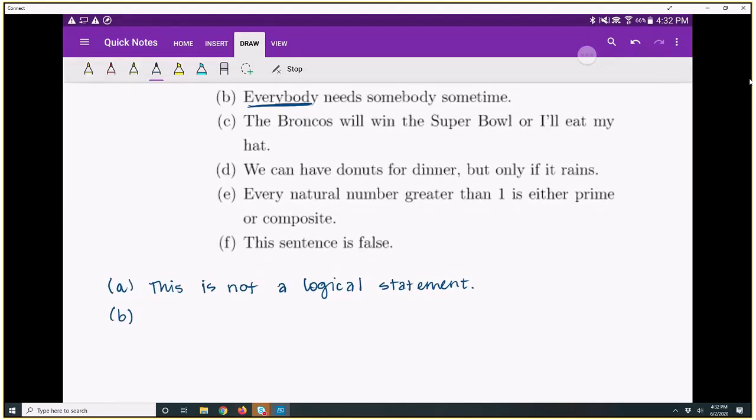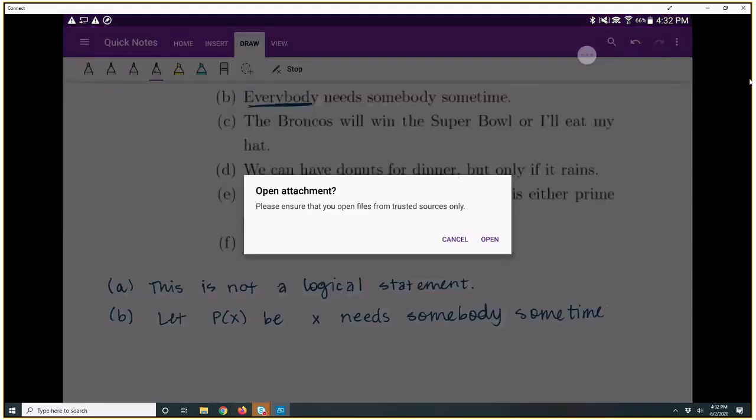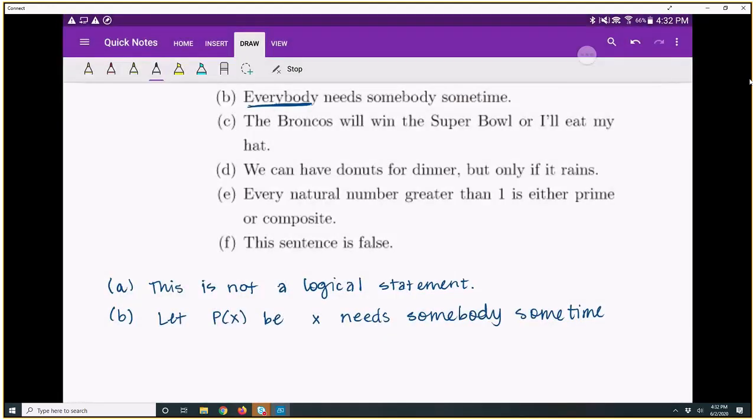So I could let my proposition P of x be x needs somebody sometime. Then this would be for all x, P of x.